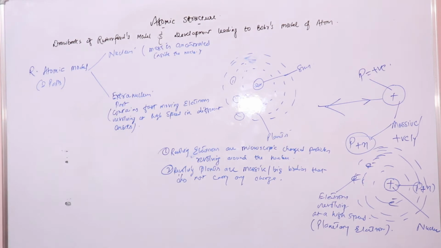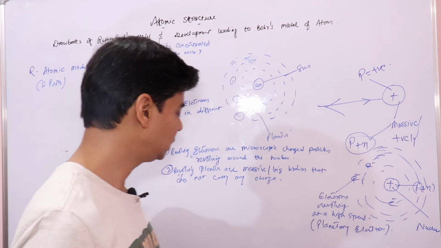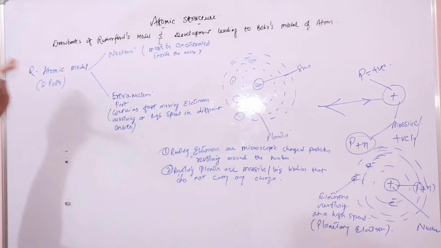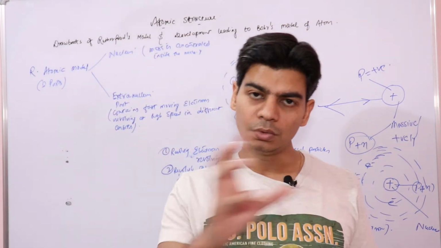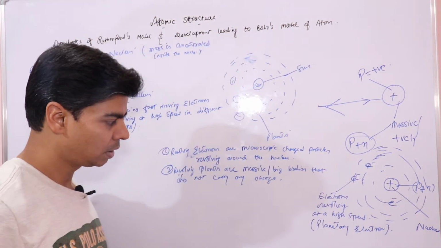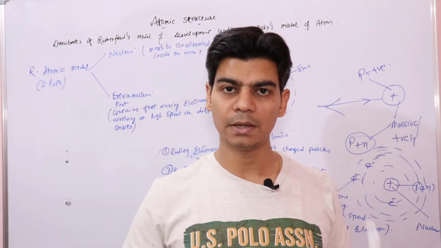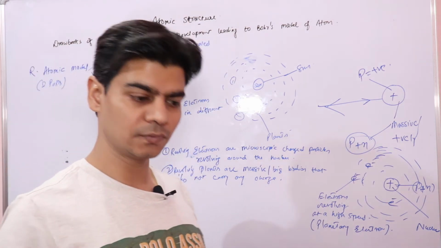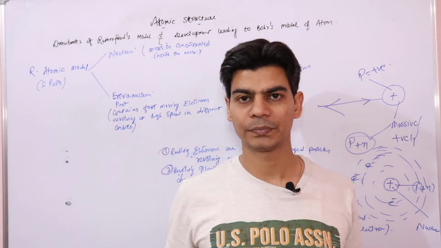Now, one important thing is that the Rutherford atomic model just said that electrons are revolving around the nucleus at a very high speed, right? It did not talk much about how these electrons are distributed around the nucleus, because today we know, if you remember from your previous classes when you draw orbital diagrams, you draw electrons in various orbits, right?